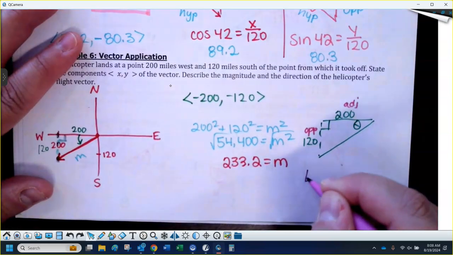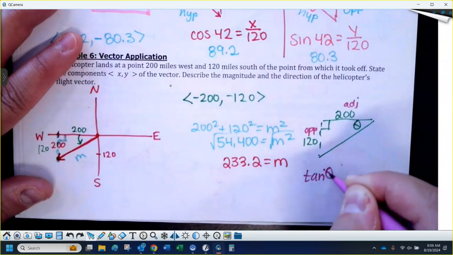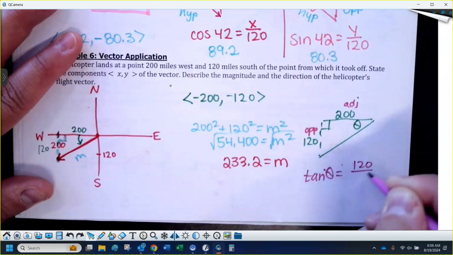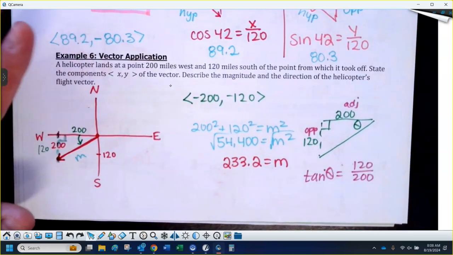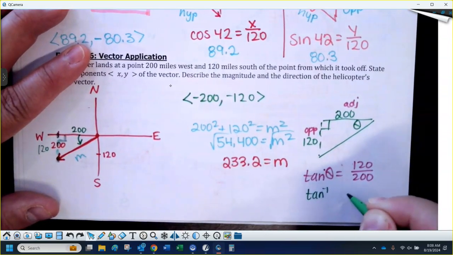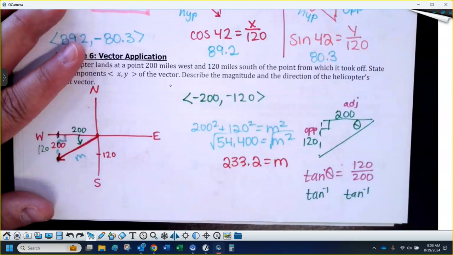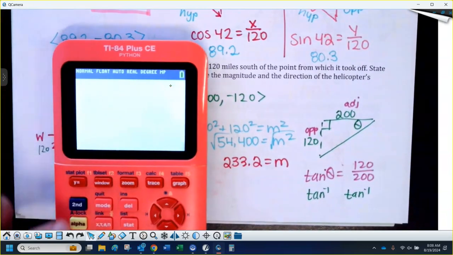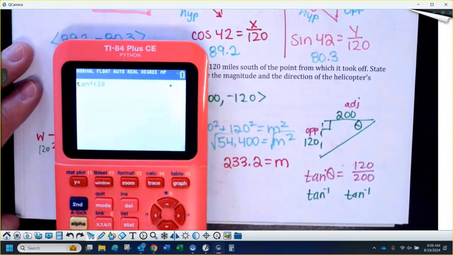So I'm just going to do, it'd be like tangent of theta is your opposite 120 over your adjacent, which is 200. You don't have to reduce that or anything like that. Just doing an inverse tangent to get the angle measure. So just on your calculator, just hit second tan, and then 120 over 200.